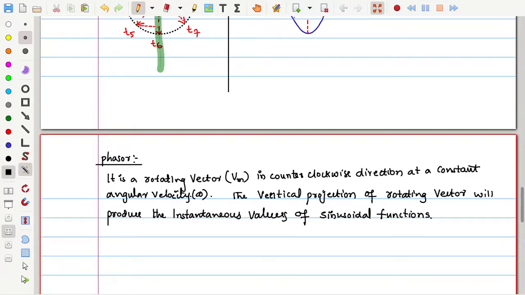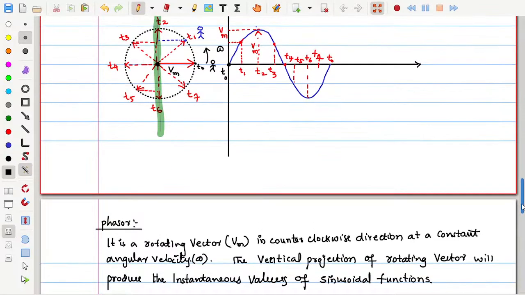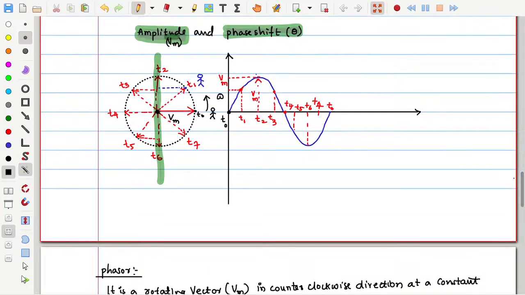You should understand what is meant by instantaneous values. Instantaneous means at every corresponding instant of time. Let us say the rotating vector is at this location. Then I will project this corresponding point onto the vertical plane. This is the corresponding height.